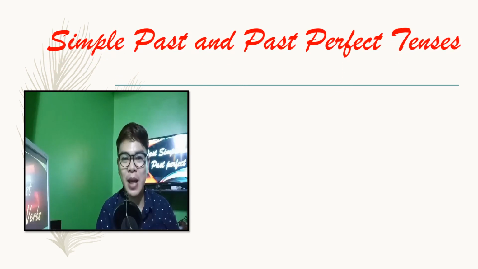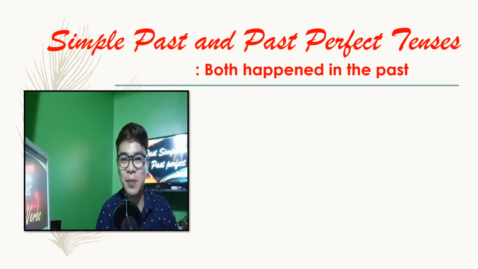Here is a short recap on the concepts that I have presented. Both simple past tense and past perfect tense happened in the past. In the simple past tense, we add d or ed for the regular verbs, and we either change the spelling or retain the spelling for the irregular verbs. For the past perfect tense, we always use the auxiliary verb had plus the past participle of the verb.